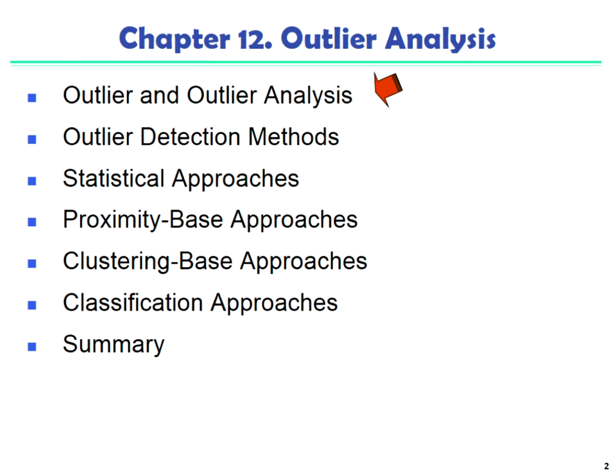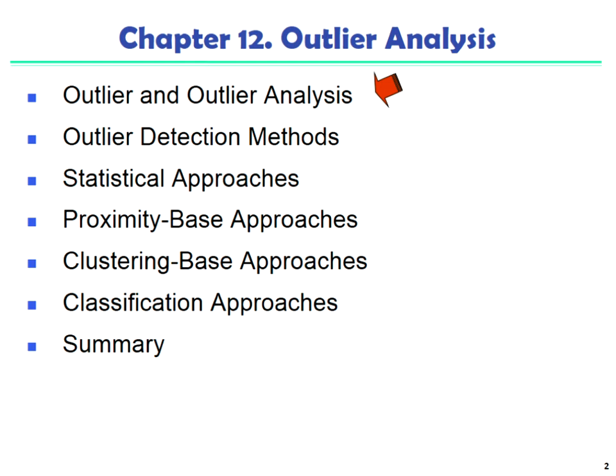In the same data set, we can find multiple types of outliers. We can find, for example, contextual, collective, and global. Yes or no? Yes.